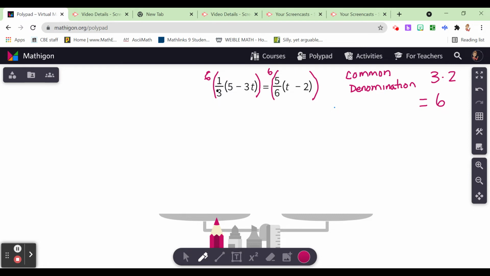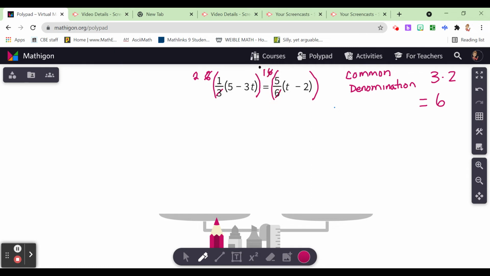Okay, so now I can see, right, I have 6 divided by 3. Okay, I know 6 divided by 3 is 2. Okay, so by crossing out, they're not becoming zeros, right? I am just reducing the fraction. Just like here, 6 divided by 6 is 1.